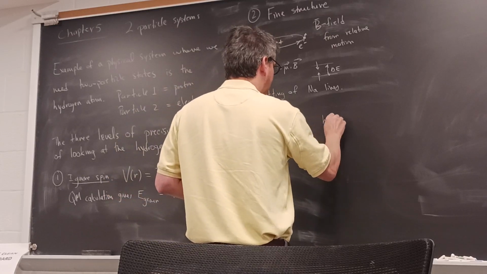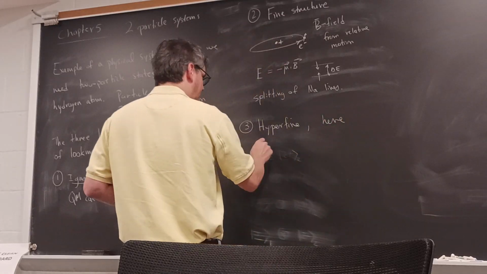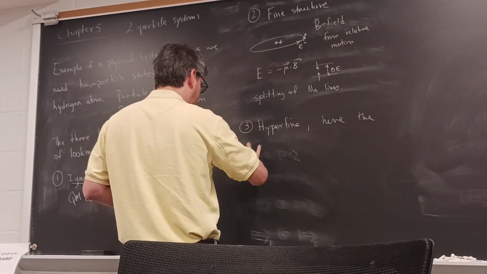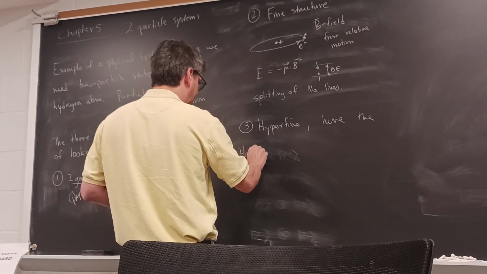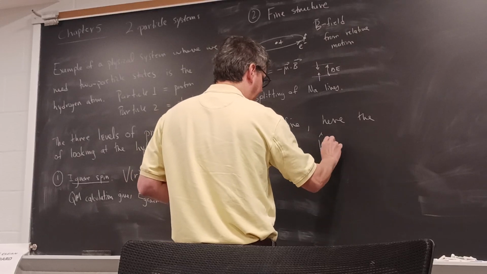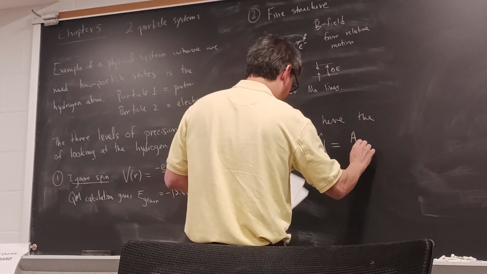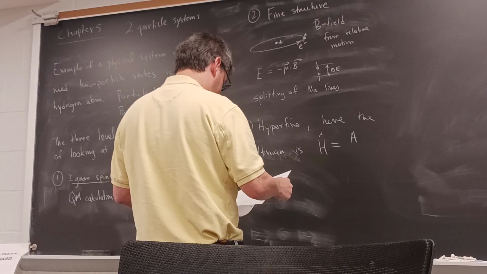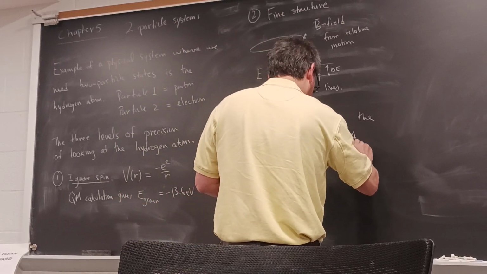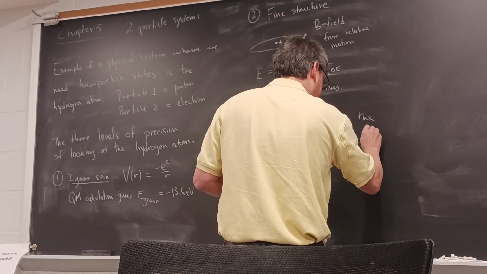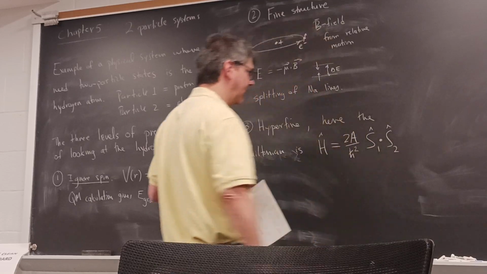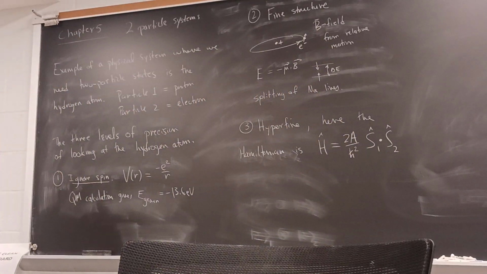And here the Hamiltonian, this is some amplitude, let's give it 2A over h bar squared. And then we'll have the interaction of the magnetic moments of the two particles themselves.